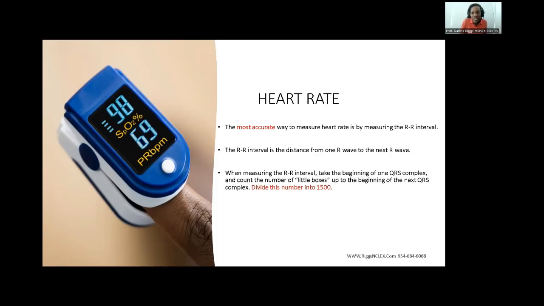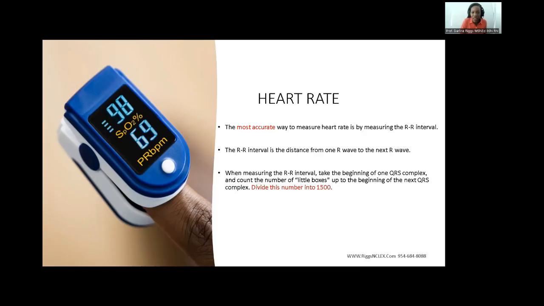Okay, so on an EKG strip, one of the most accurate ways to measure heart rate is to look at your R to R interval. So the R in the QRS, the tip of your QRS, you want to count the small boxes between an R to R interval. The R to R is from one R to another R. It's just that simple.